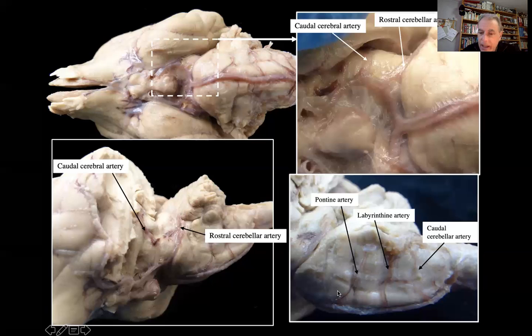And if we look carefully at the basilar artery, we identify at the level of the pons, pontine arteries, then a labyrinthine artery, and the caudal cerebellar. Look how far from the Circulus Arteriosus Cerebri the caudal cerebellar artery branches off.